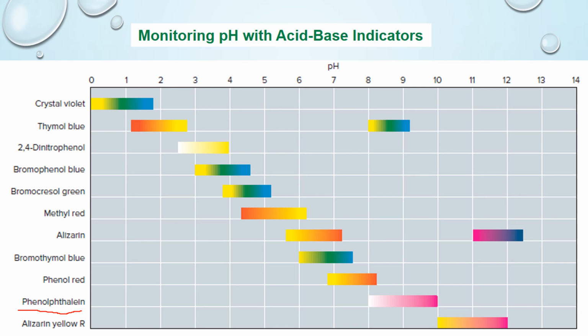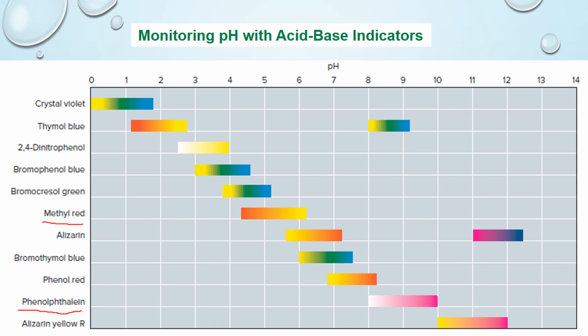In this chart, you can see the color of different pH indicators, right? This is the range of pH. For example, if we look at methyl red, that means for this indicator, when the pH is below 4, it appears red, but after maybe 6, it becomes yellow.